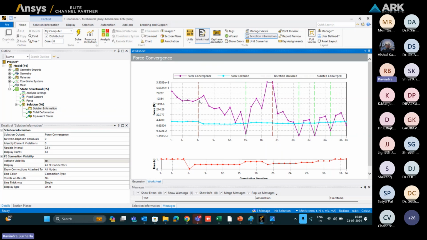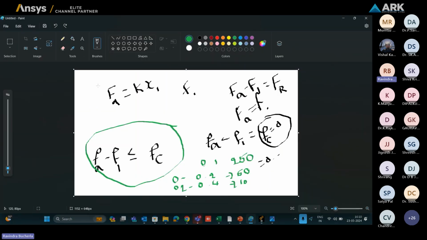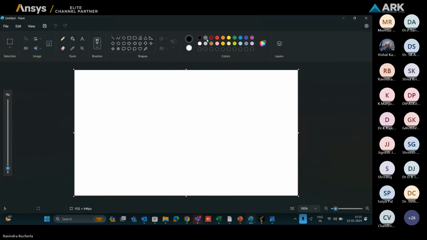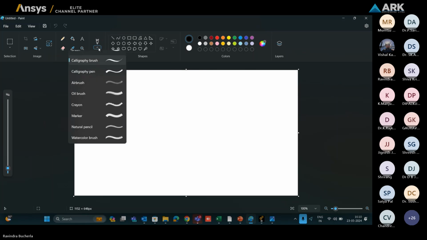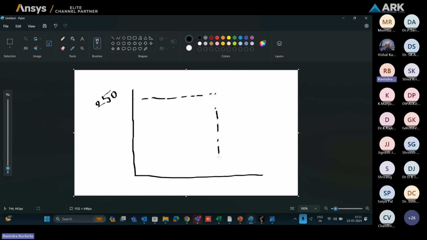So the solution diverged, which means here initially it applied the 250 newton load, and it is trying to solve for that 250 newton load, but it is not converging.